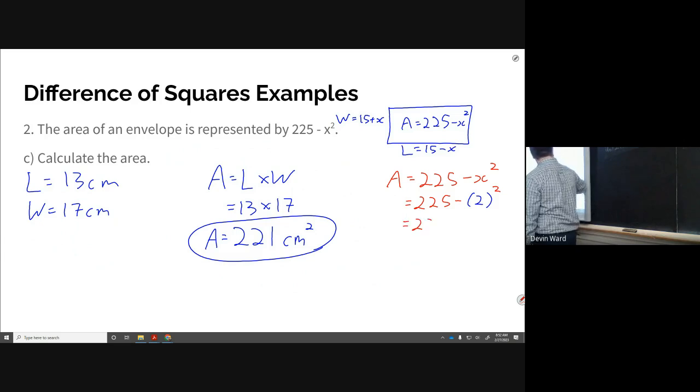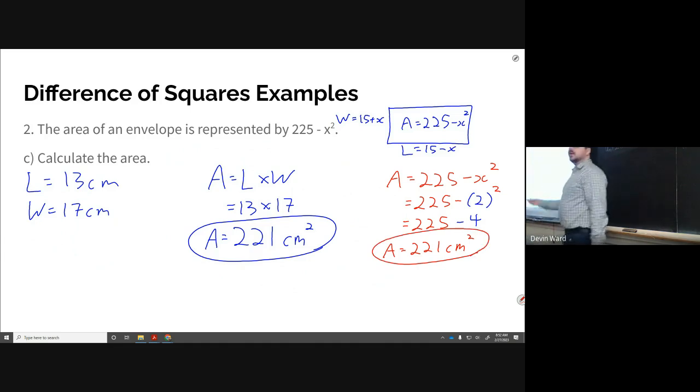We have to do the exponents first for BEDMAS. 2 squared is 4. So 225 minus 4. Then area equals 221 centimeters squared. Okay, so you get the same answer either way.